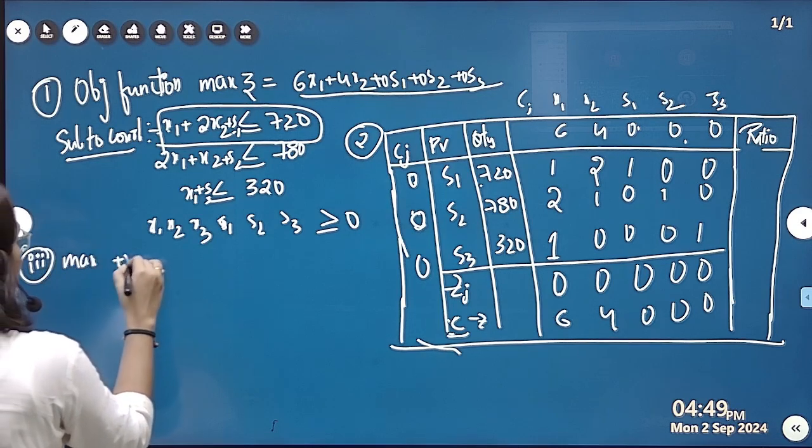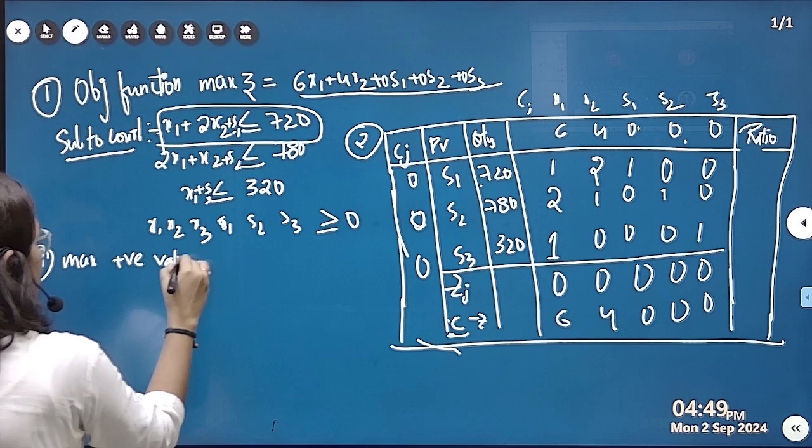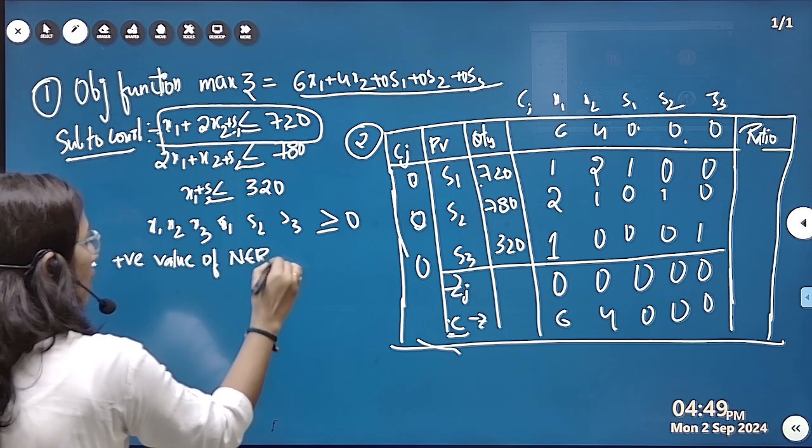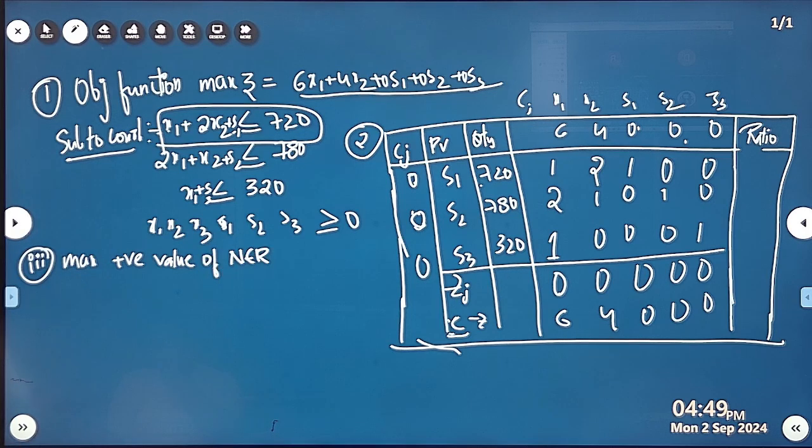Maximum positive values of NER. Any doubt, ask me now itself, because we need to do three or four tables. If you don't understand this, the next table you will not understand. Okay.